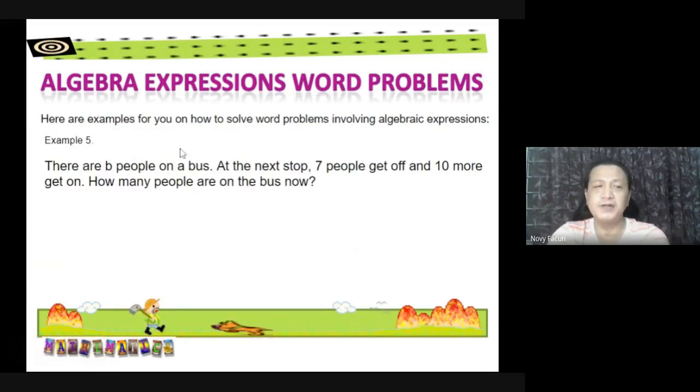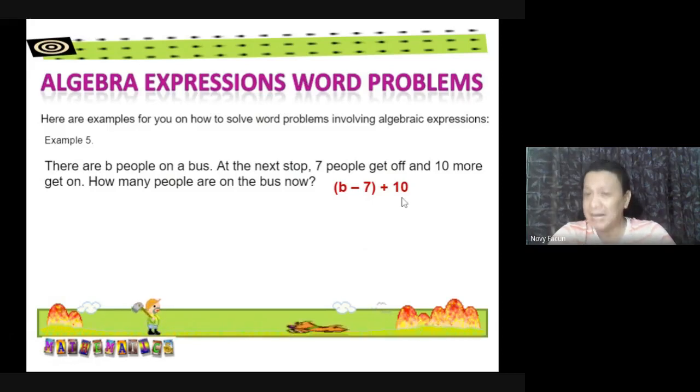Okay, let's have another. Number 5, there are B people on the bus. At the next stop, 7 people get off and 10 more get on. How many people are there on the bus now? If you analyze, the answer is B minus 7 plus 10. Why?